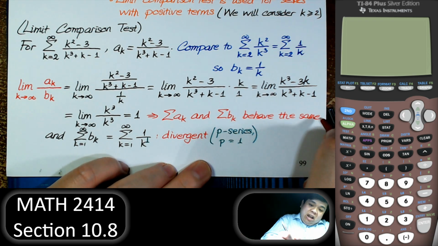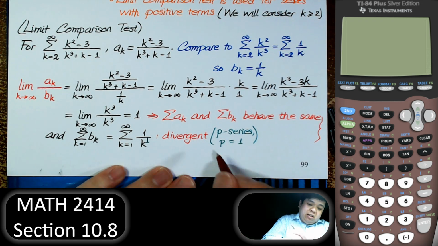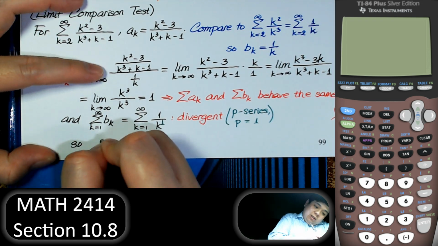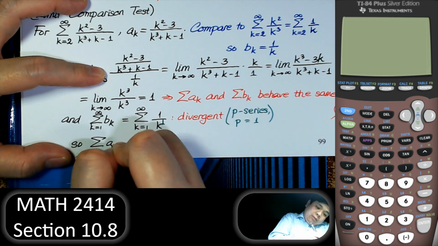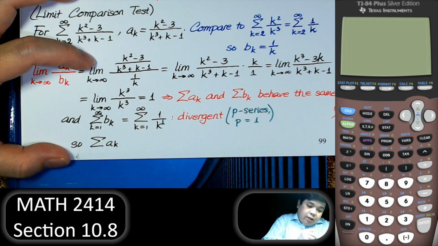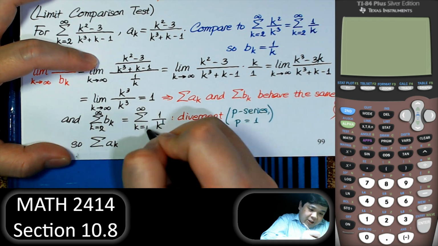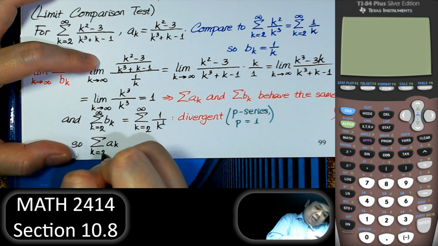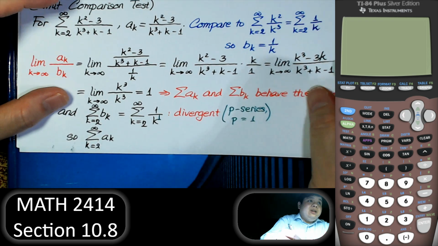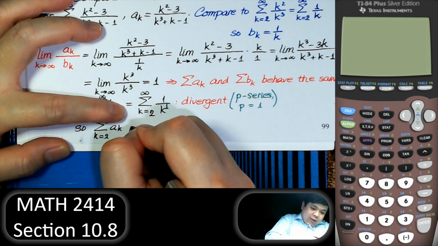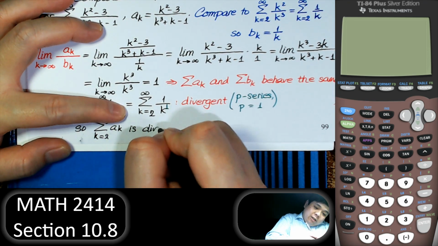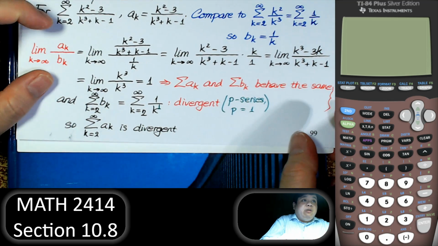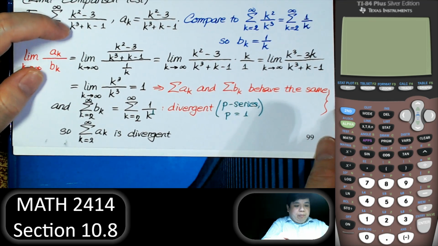So they behave the same, and b of k is divergent, so a of k is divergent. This will be from 2, right? Is divergent. Now if it diverges starting from 2, it will be divergent starting from 1 as well.